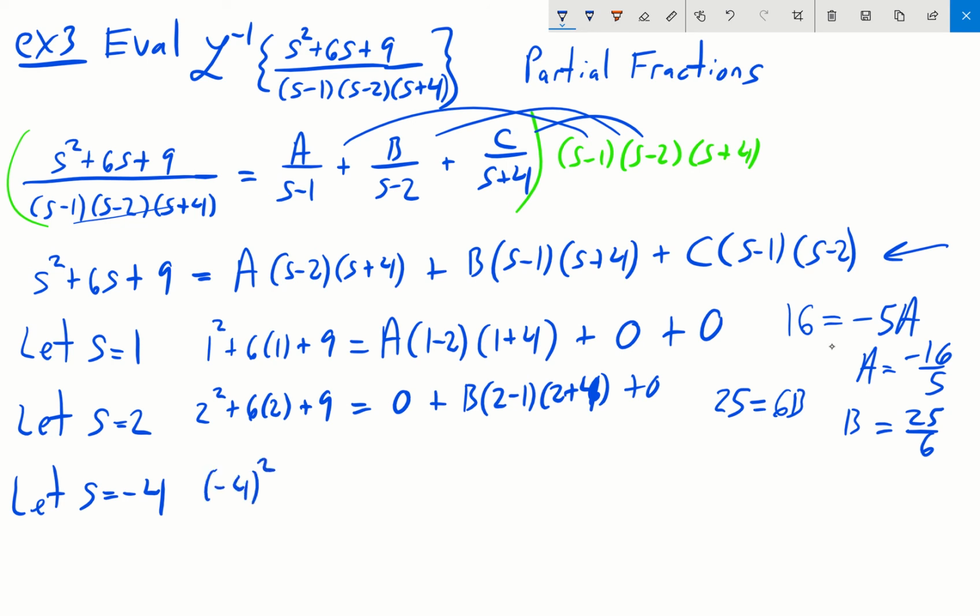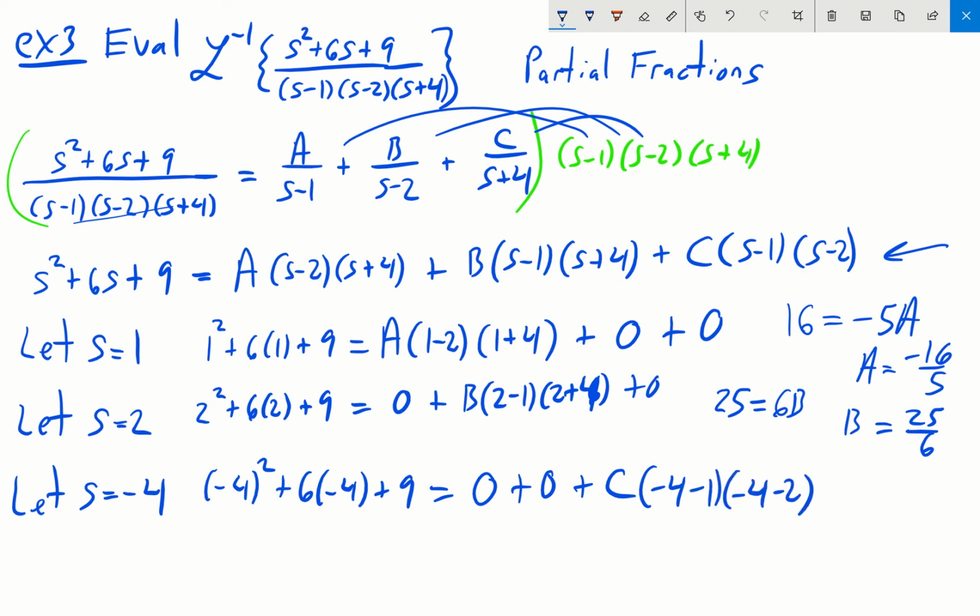We get negative 4 squared plus 6 times negative 4 plus 9. It's going to be equal to, this will be 0. This one will also be 0. And then we're going to get plus c times negative 4 minus 1 times negative 4 minus 2.